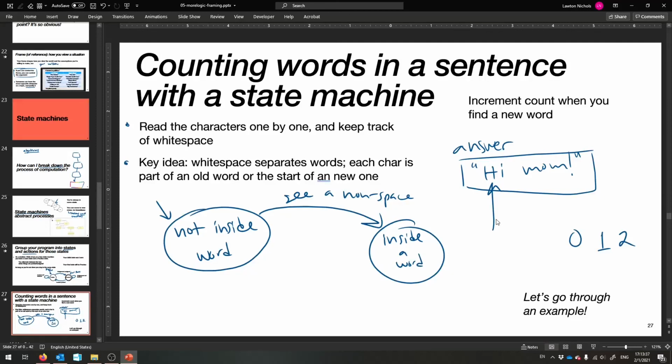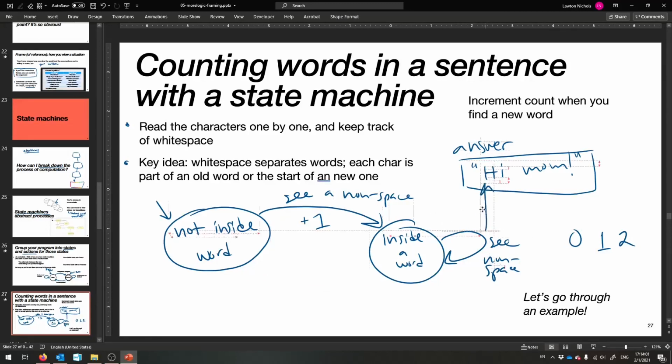And the second I see a non-space character, I'll add 1 to my count. That's the idea. And so now we're inside a word. We're counting all the characters that make new words. Oh, this next character, well, it's still inside the same word, right? So as long as you see non-space, you stay inside a word.